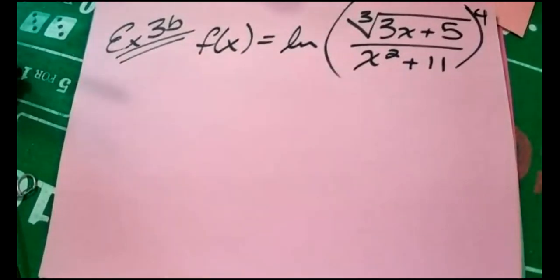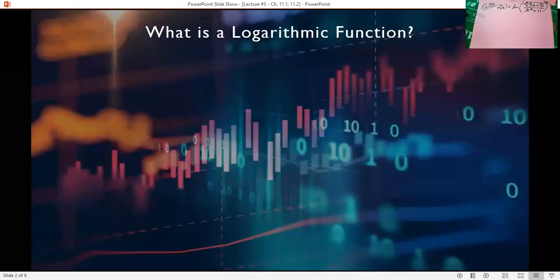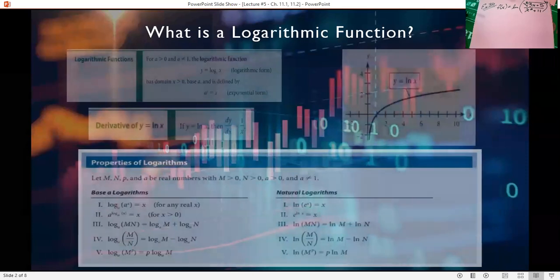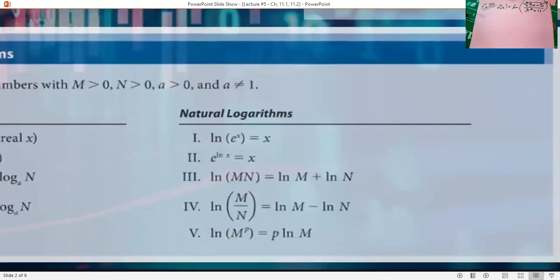The 2 important properties we're using in this case are these. One is where, if you're taking the natural log of something with a power, you can put the power in front.